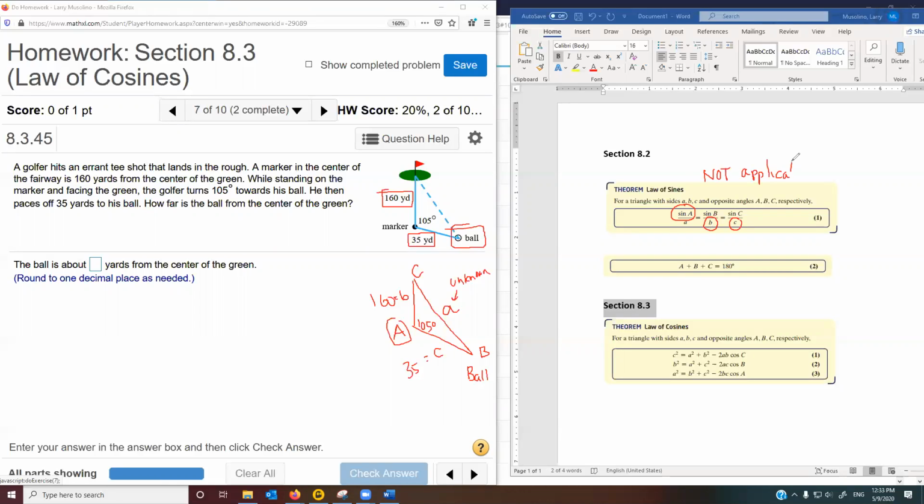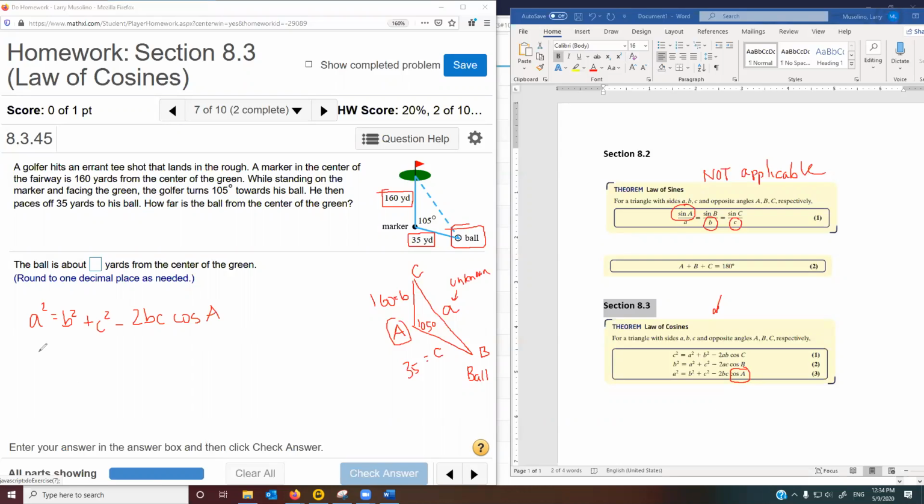So I'm going to go to law of cosines instead. Should I use formula 1, 2, or 3? Well, in our example, we know angle A. So the only formula that involves angle A is the third formula. So I'm going to write it: A squared is B squared plus C squared minus 2BC cosine A.